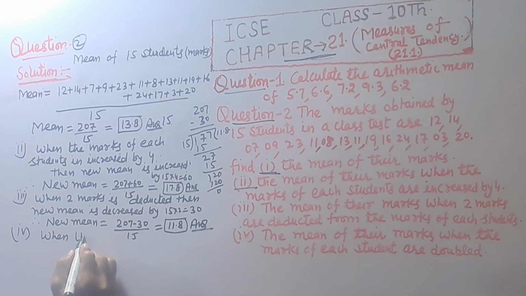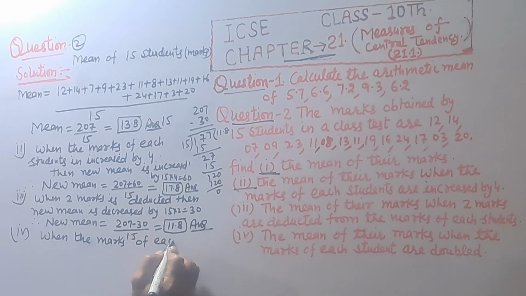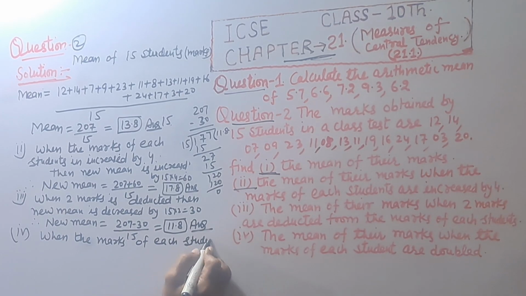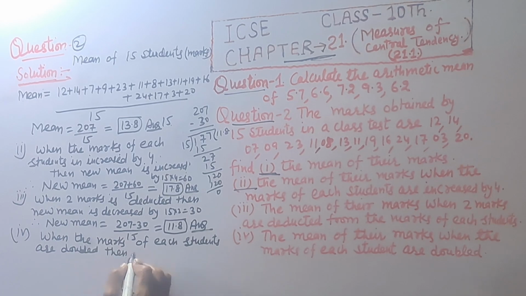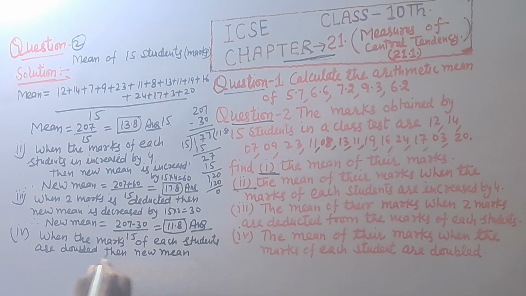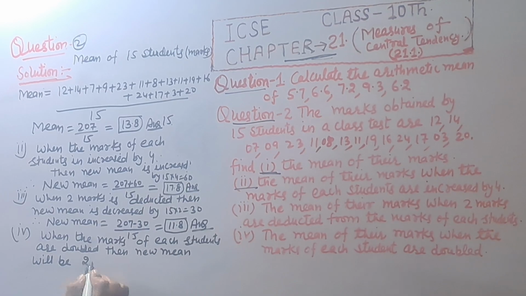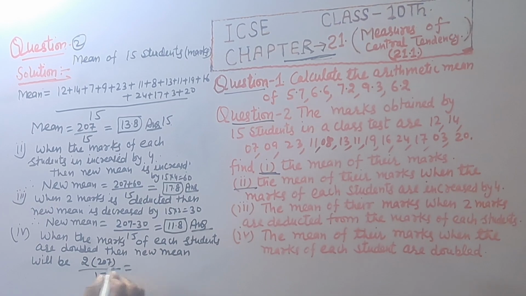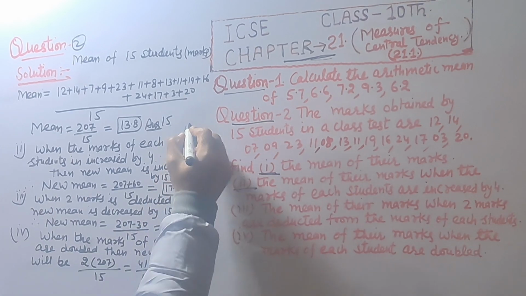When the marks of each student are doubled, then the new mean will be 2 into 207 divided by 15, that is equal to 7 2s are 14, 2 2s are 4, divided by 15.